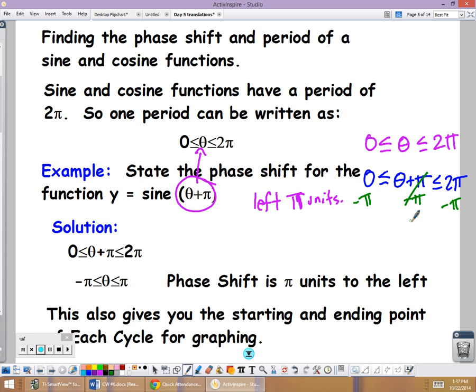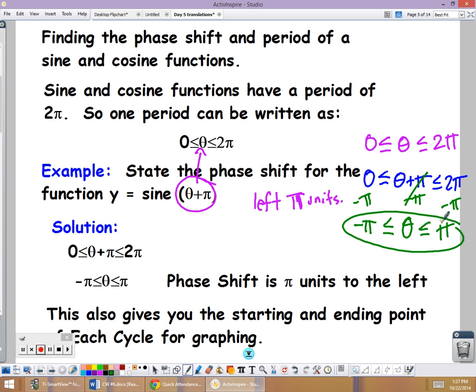So here we have just theta. 2 pi minus 1 pi, 2 minus 1 is just 1 pi. And 0 minus pi, negative pi. So this is our new start and stop. So the phase shift was pi units to the left. Oh, we already talked about that. And this gives you the starting and ending point of each cycle for the graph.